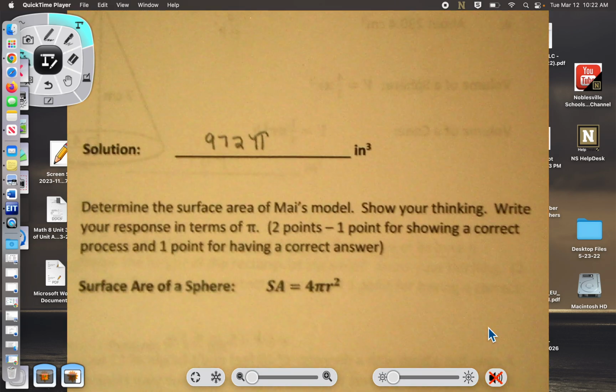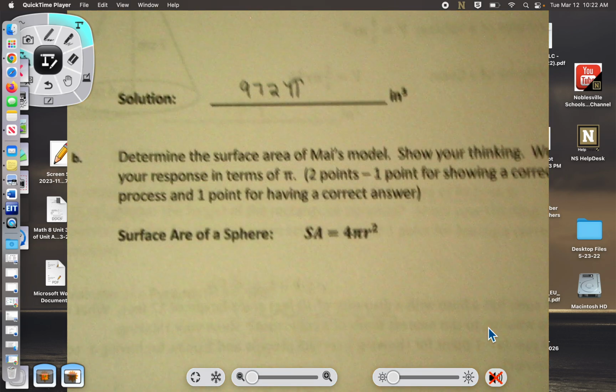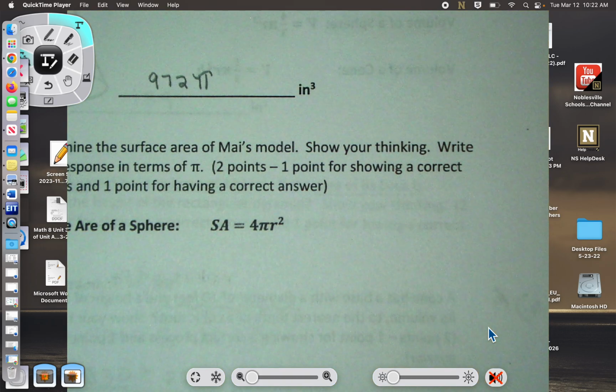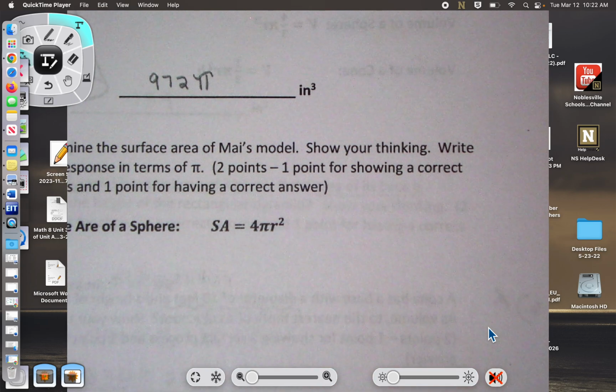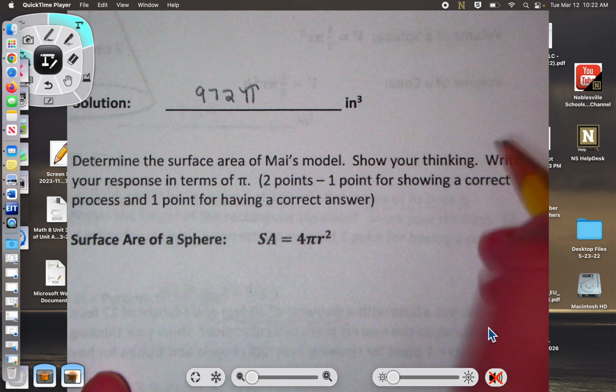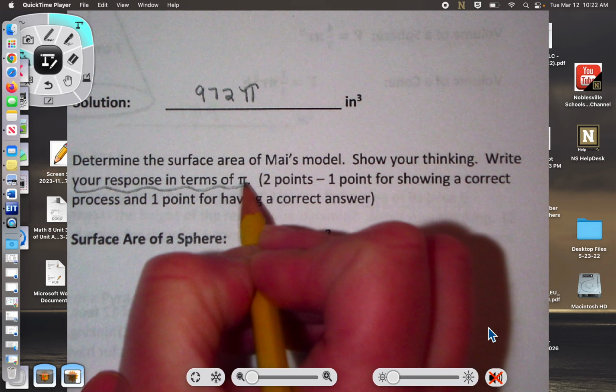All right, now we're going to find the surface area. Surface area, we talked about, is how much it would take to cover it, right? So think of wrapping paper on a gift, or painting something. She's going to try to figure out how much paint she needs for that model of Earth. Again, we're going to write our response in terms of pi.